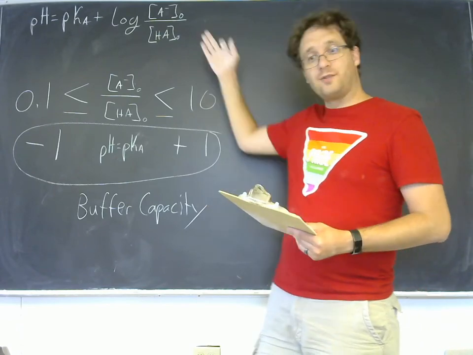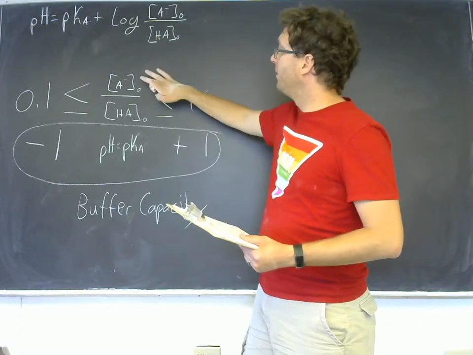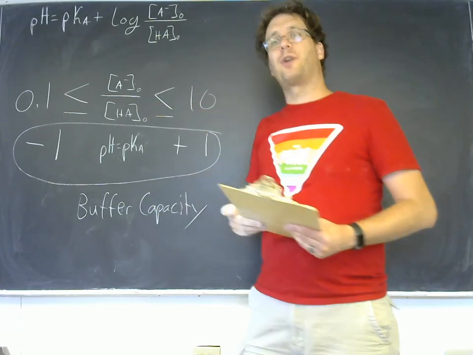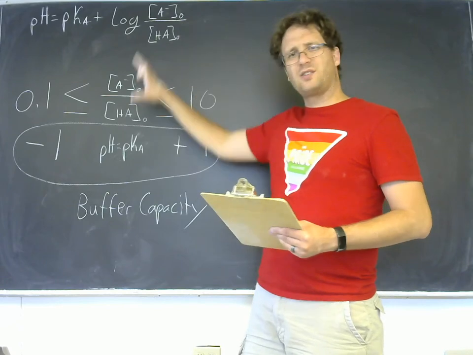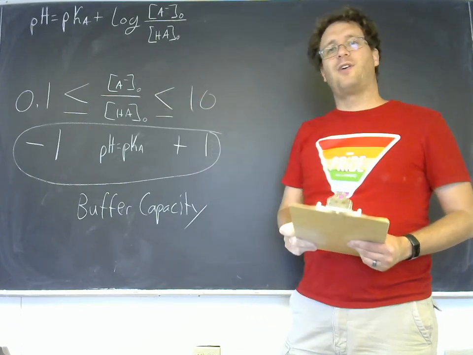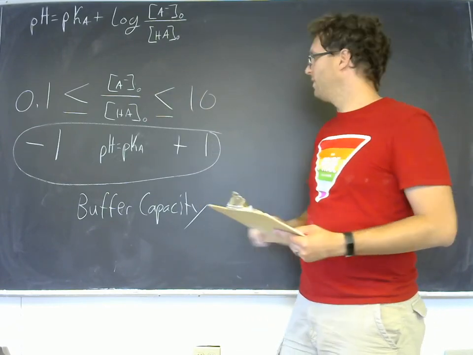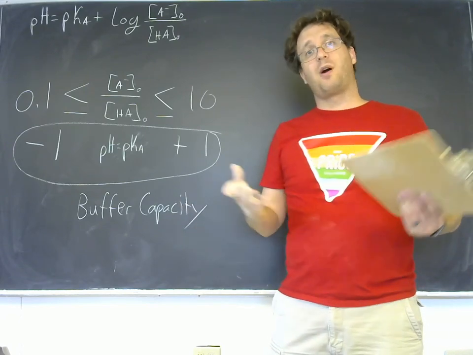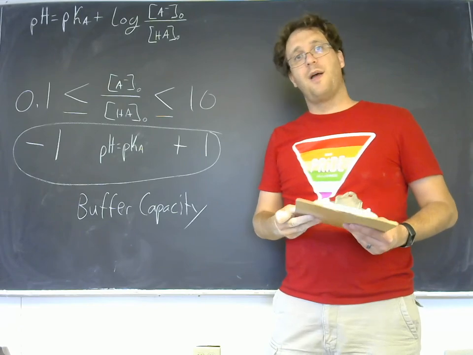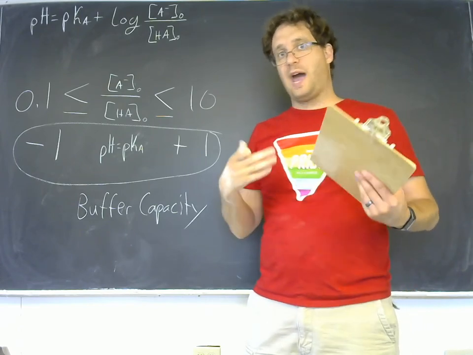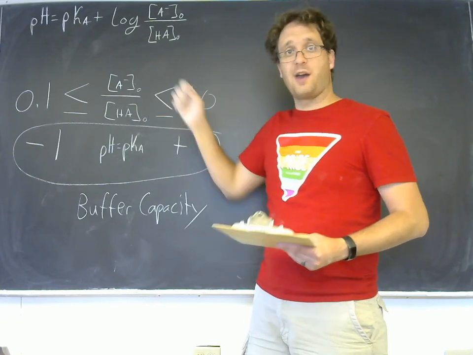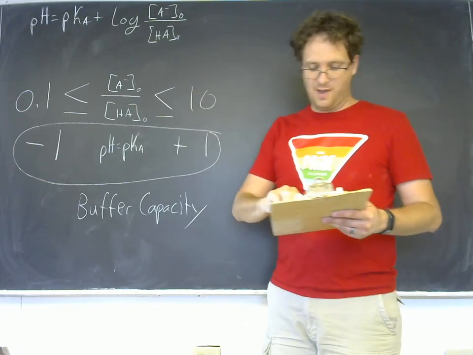The log of 0 is problematic, and having 0 in the denominator is problematic for your calculator. So things start to fall apart as far as the Henderson-Hasselbalch equation outside of the buffer capacity, and things start to fall apart as far as chemistry and changes to the actual observable pH of a system once your ratios get out of this buffer capacity range.